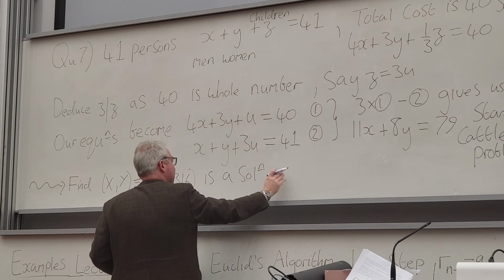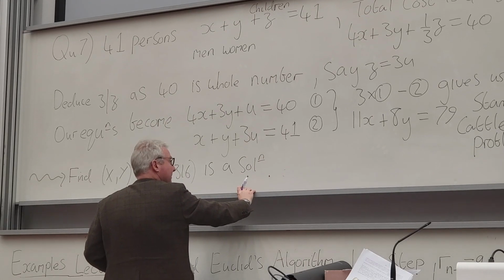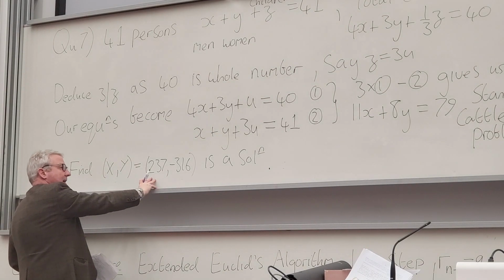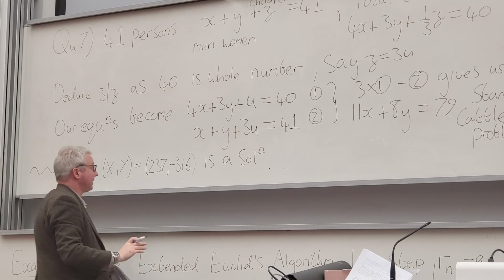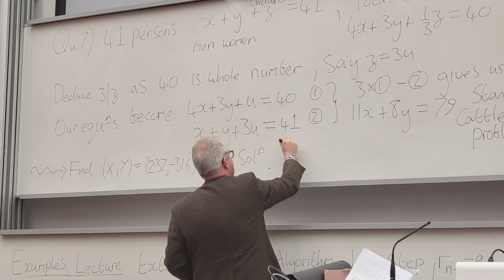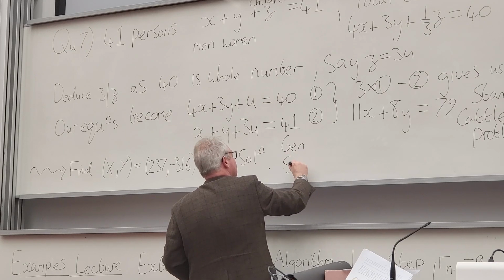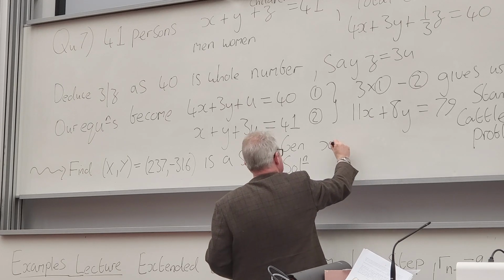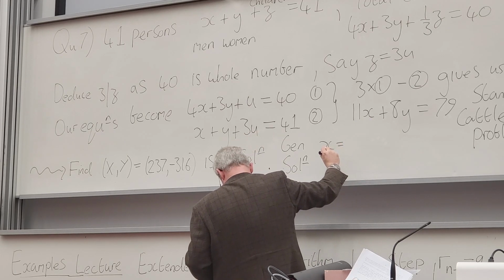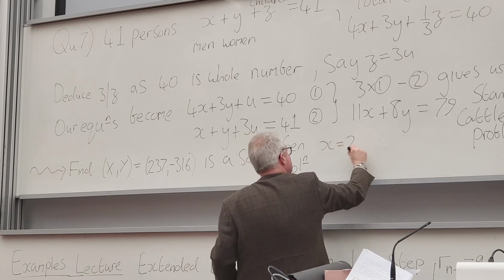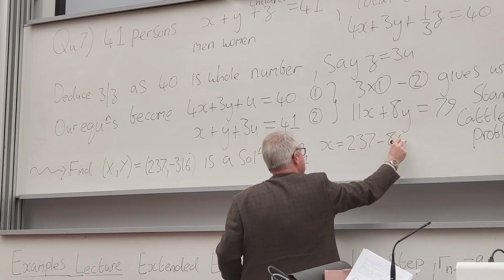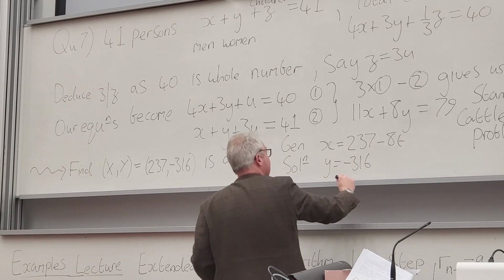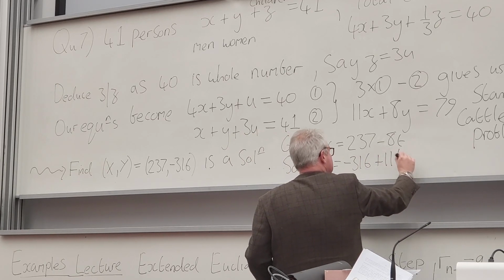General solution, you would get 237 for the x. I'd subtract multiples of 8. So 237 minus 8t, and little y is minus 316 plus 11t.